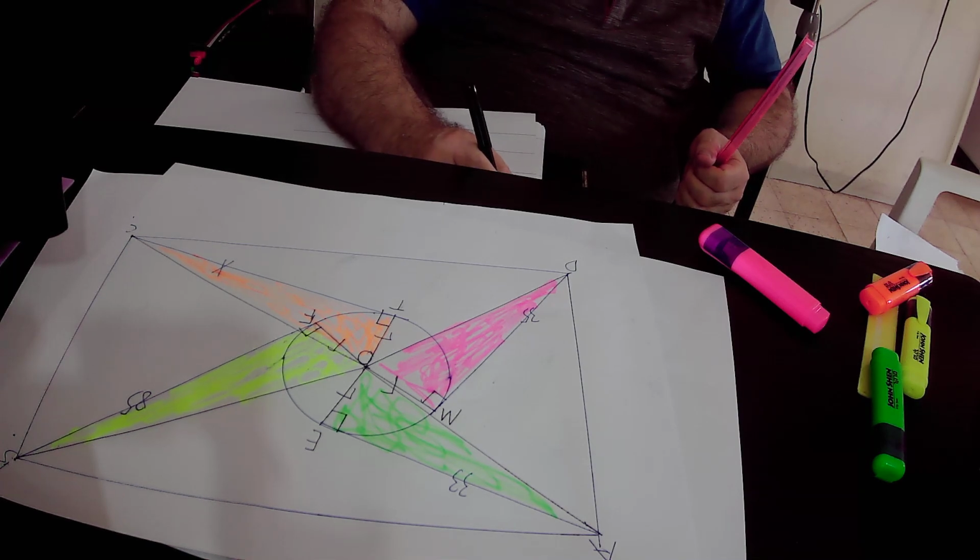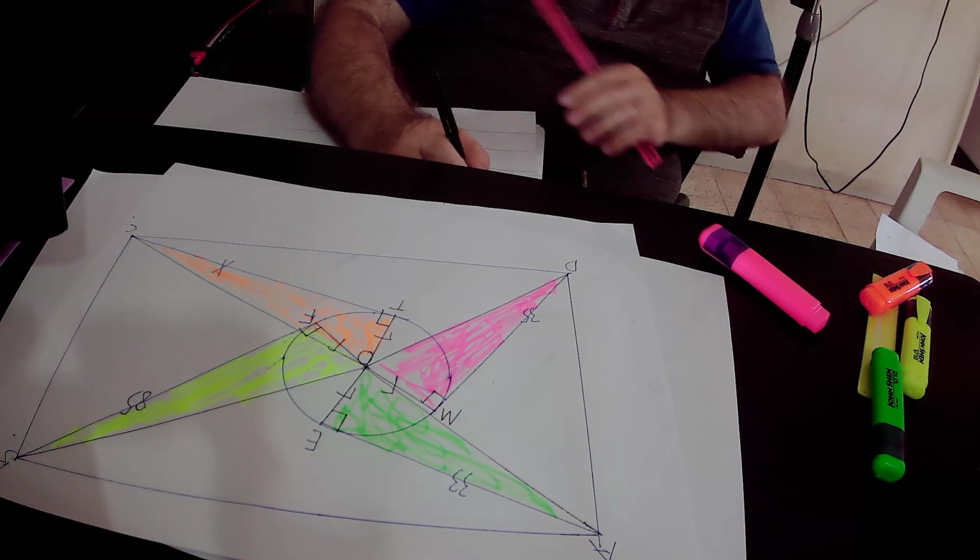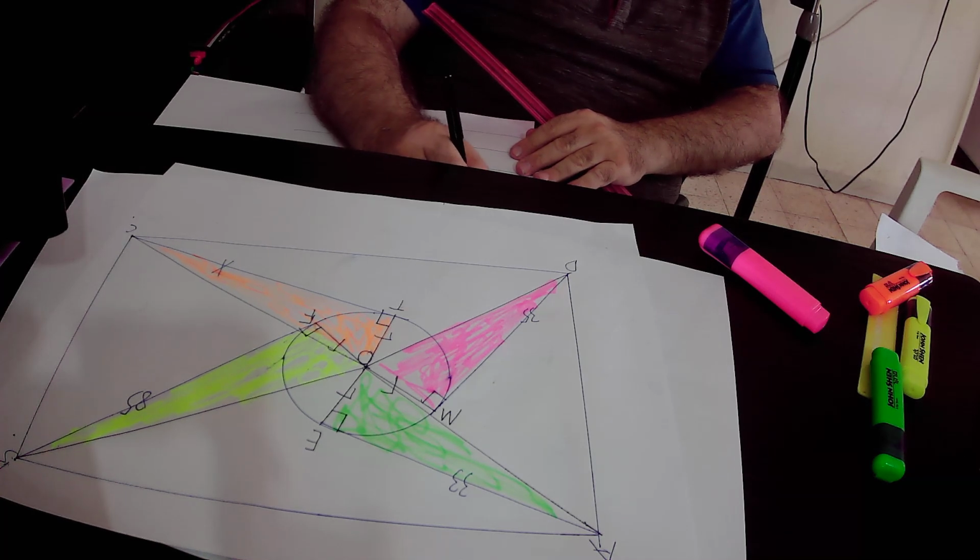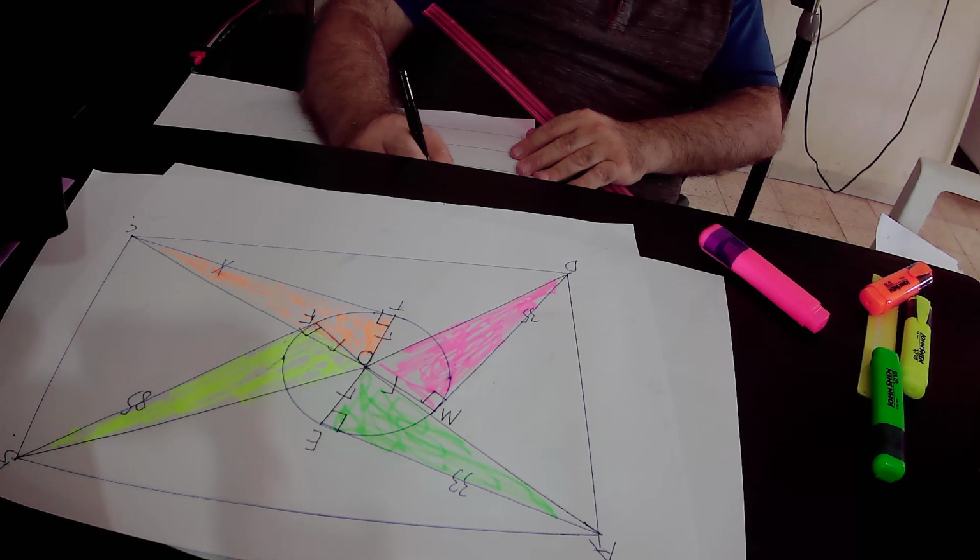According to equation number 1, AO squared equals R squared plus 33 squared.